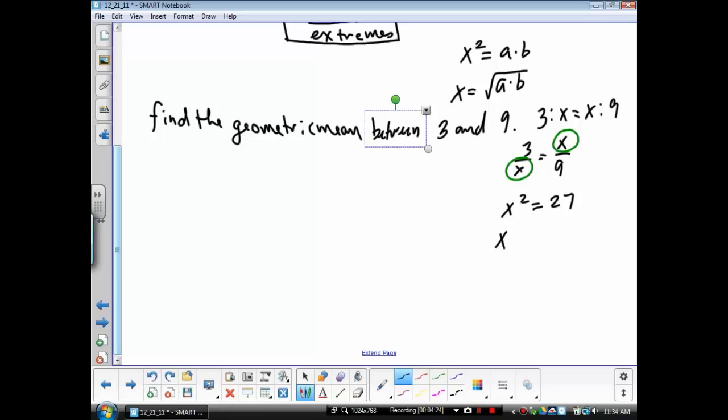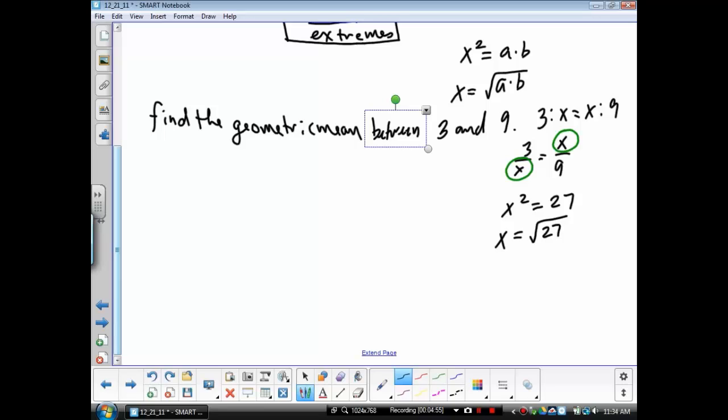So we're going to have x equals, and generally when you do a square root you think positive or negative, but in geometry you can just stick with the positive case, because we're working with lengths or area, and those are measured in positive values. So when we do this square root, we're just thinking square root of 27, not necessarily plus or minus square root of 27. We can stick with that.